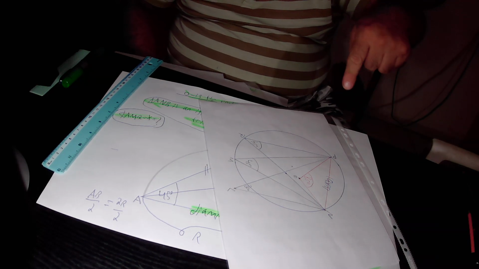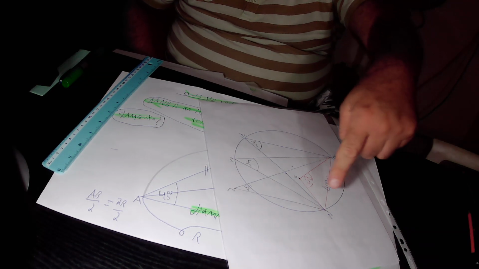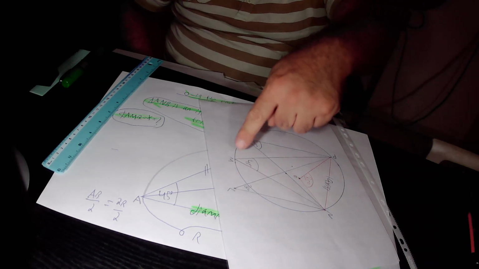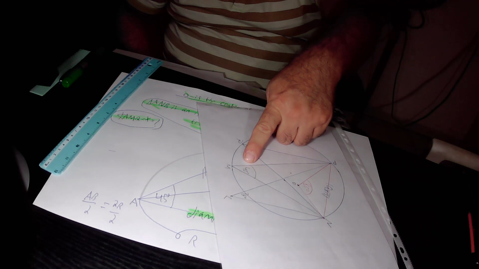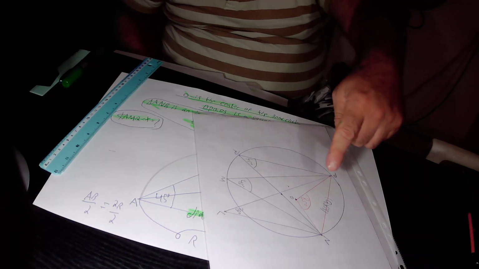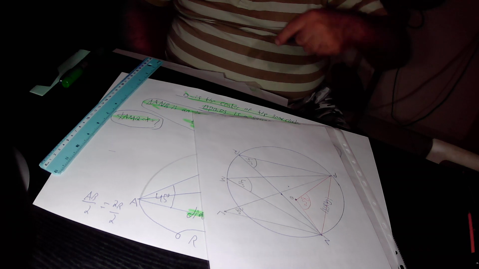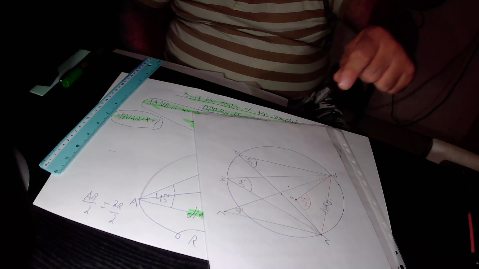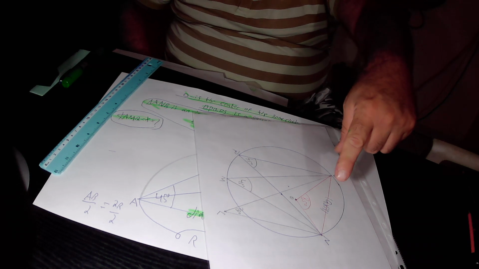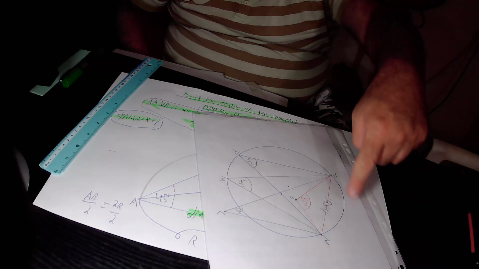Likewise, this is peripheral angle NMP. Peripheral angle NMP also equals 45 degrees in size, and it subtends the same chord NP. So you can see that those two peripheral angles that are equal to each other subtend the same chord NP, and therefore they can be inscribed by a circle.